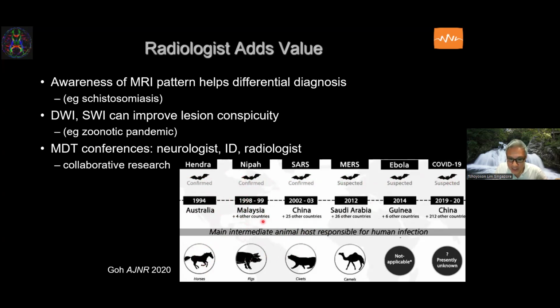And here in Malaysia and in Singapore, Nipah virus was found in fruit bats. The infected fruit was dropped into pig rearing farms, and these affected humans in Malaysia and abattoir workers in Singapore. And so we scanned many of these patients.